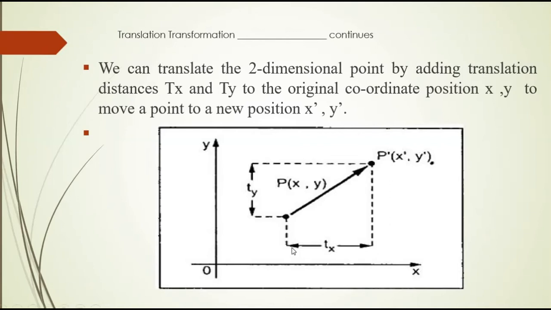Tx is the translating factor for the x-axis and Ty is the translating factor for the y-axis. Tx is the distance between one coordinate location and another along the x-axis, and Ty is the distance along the y-axis.